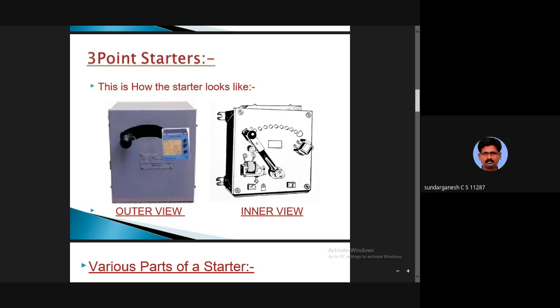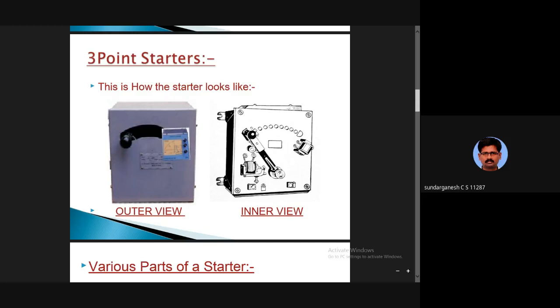Here there is an electromagnet, and here also there is an electromagnet. There is a handle here. The resistances are connected to these studs. When you move the handle, the resistance is gradually cut off. If you place the handle in this position, full resistance will be there.